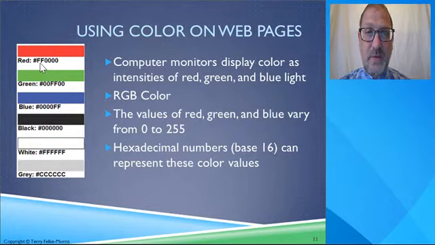And then there are 3 numbers, 3 groups. So 2 letters, 2 letters, 2 letters. And these values range from 00 to FF. And if you know anything about hexadecimal, you can count from 0 to 255, from 0 to FF.